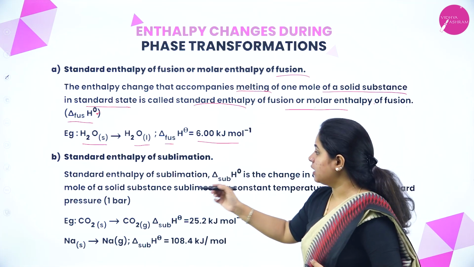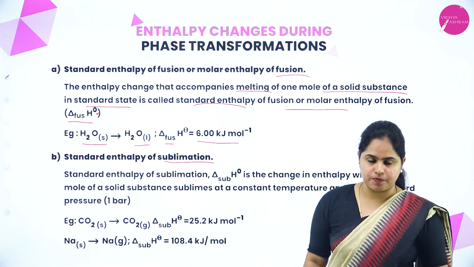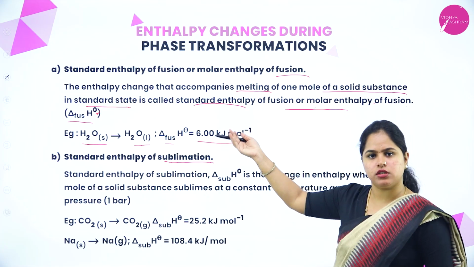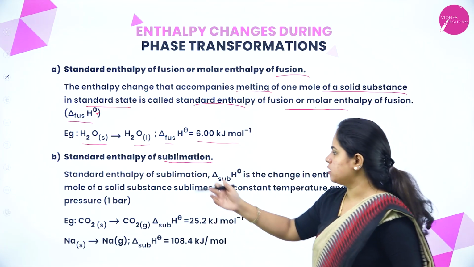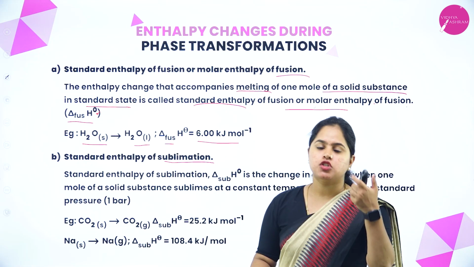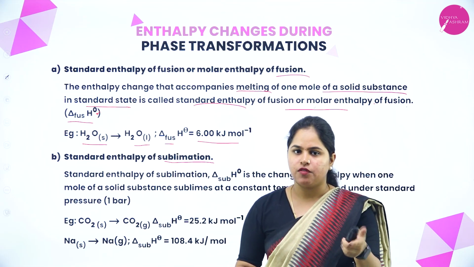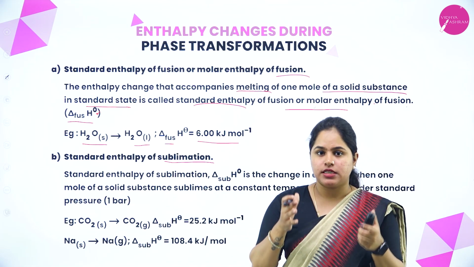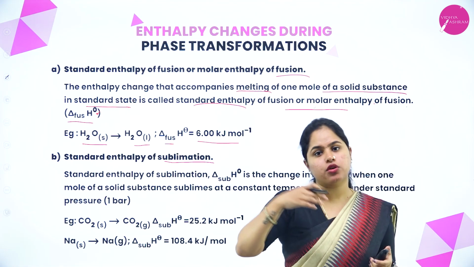Now the next one is standard enthalpy of sublimation. From standard enthalpy of fusion, you can yourself derive what is standard enthalpy of sublimation. It is the enthalpy change accompanied when the substance is getting converted from solid to gas, right?